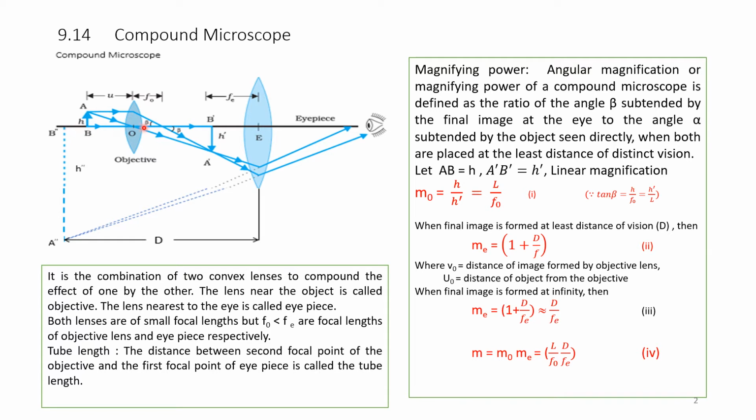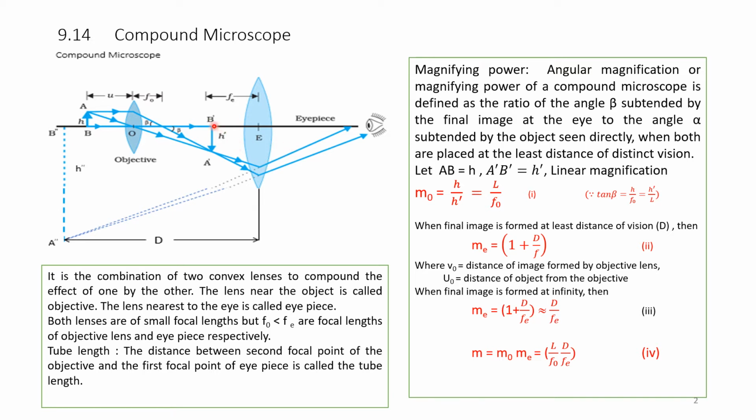This is the principal axis. The second lens in a compound microscope is called the eyepiece. This is the eyepiece, which has a larger aperture and focal length. The focal length of the eyepiece is Fe, as shown in the figure. And the eye is very close to the eyepiece. So through this eye and eyepiece we see the object.